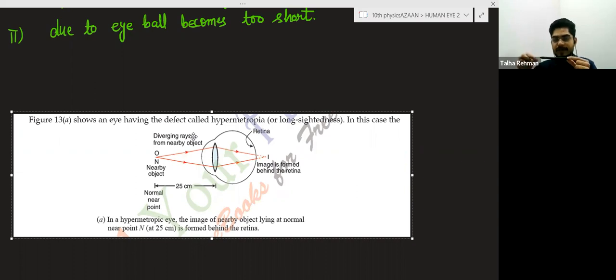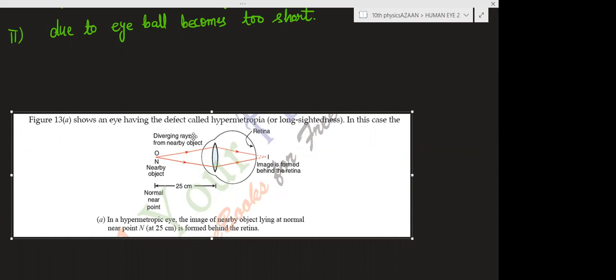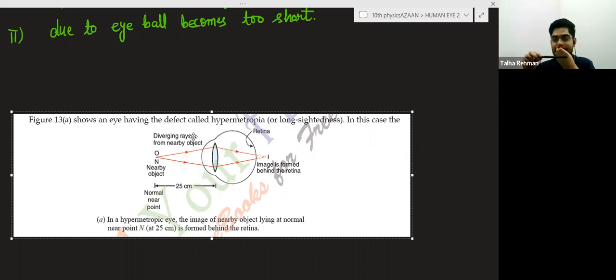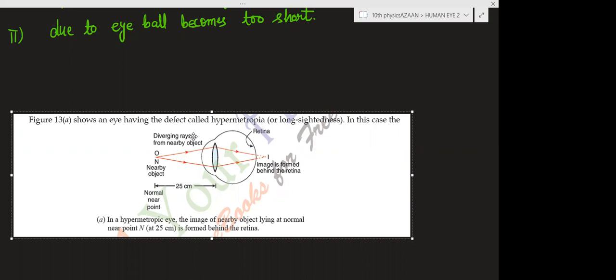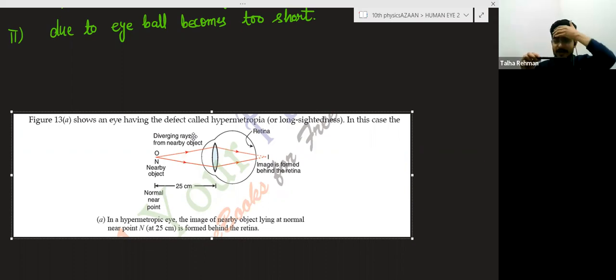Can I see this pen clearly if this pen is at a distance of 25 centimeter? I can see, but I am saying that clearly I cannot see this pen.